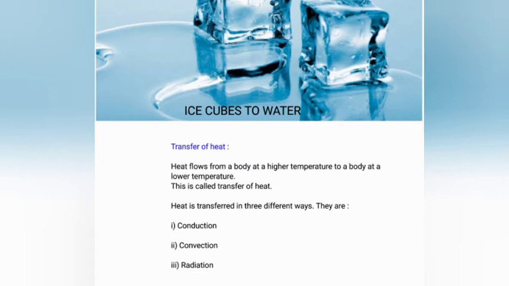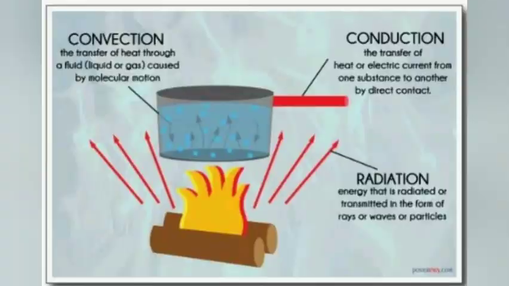Here are the three different ways in which heat is transferred: conduction, convection, and radiation. Let's see them. As you can see here, I have placed firewood, and on top of that, a vessel containing water. Now, the water is heated through the fire. Here, all three processes take place.